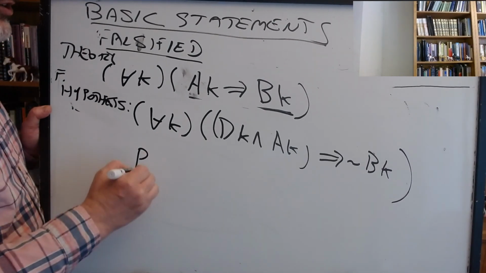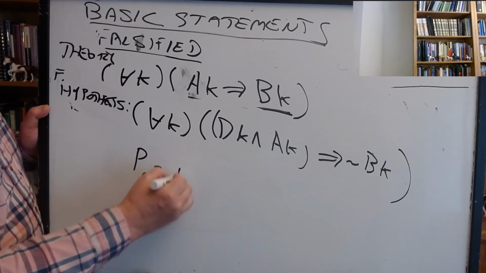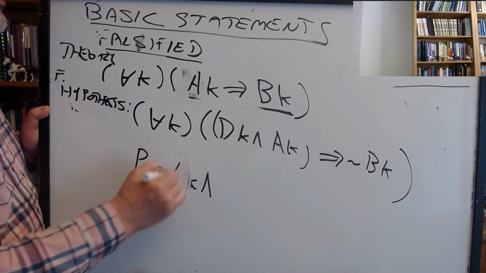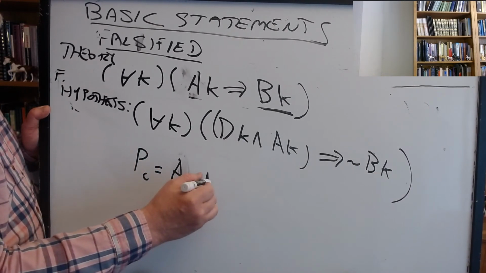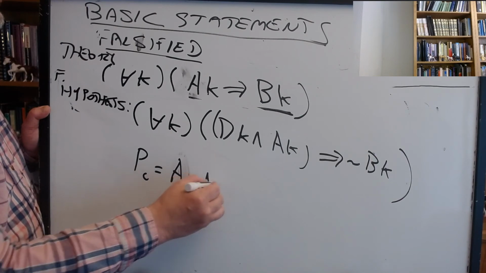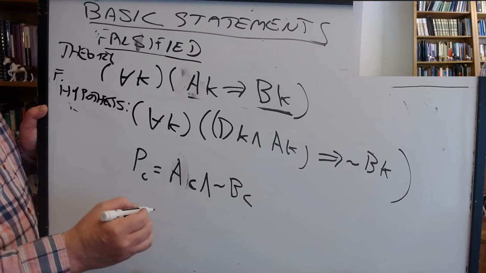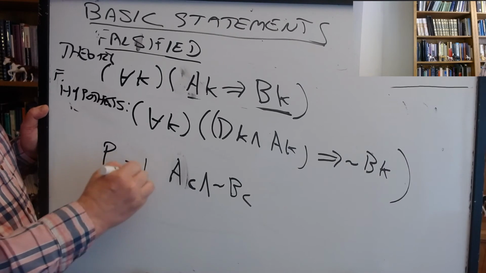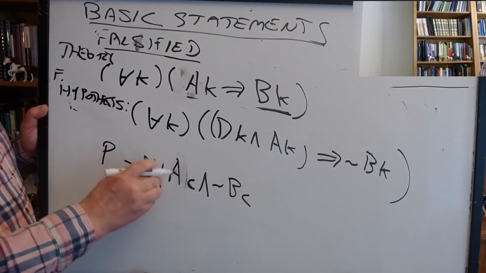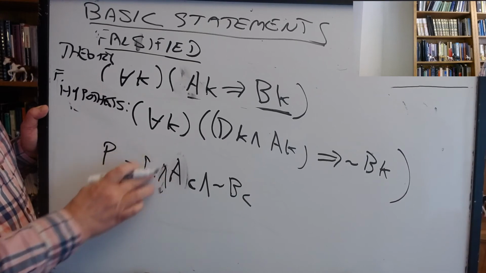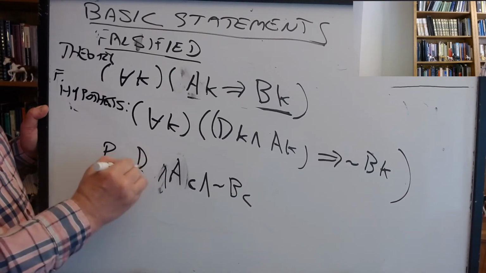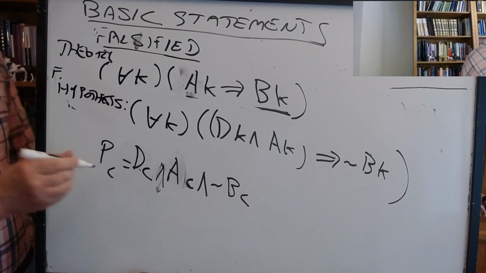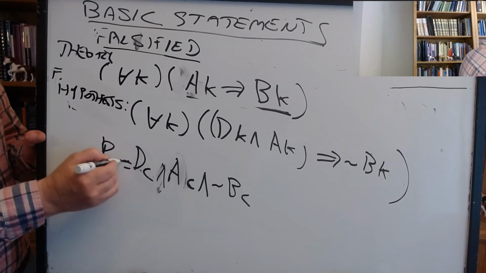So Popper says, call the occurrence P sub C this statement.